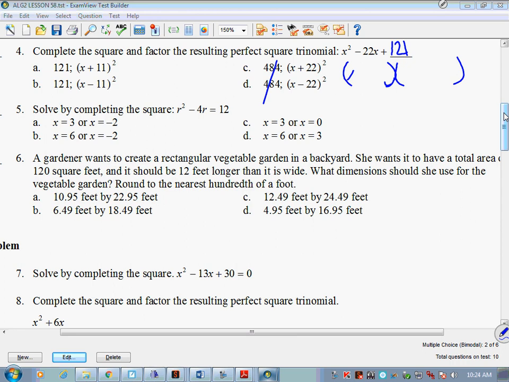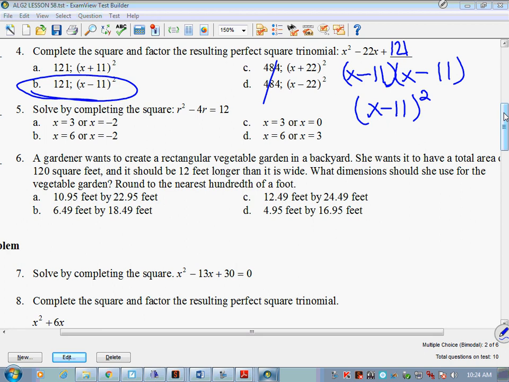We know we're going to get x and x. Am I going to get plus or minus? Minus, minus, right? And what's my number in here? 11 and 11, which I can simplify as x minus 11, what? Squared, all right? Which is why I get b, x minus 11 squared.